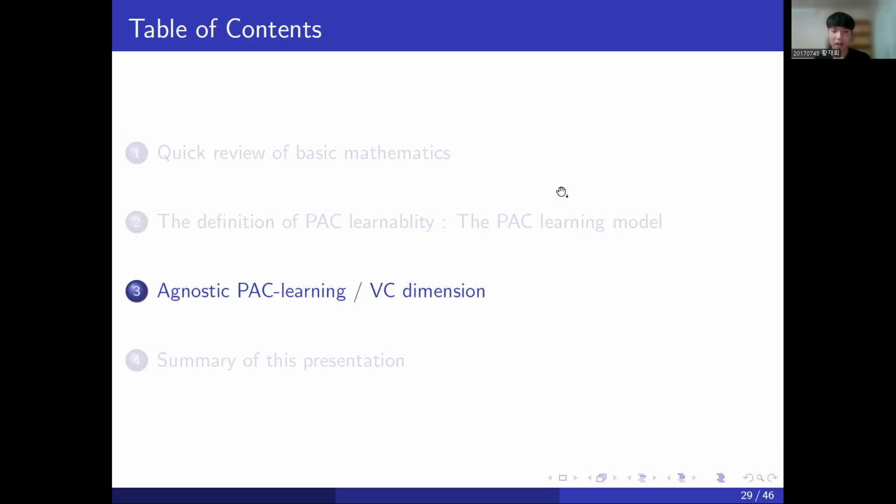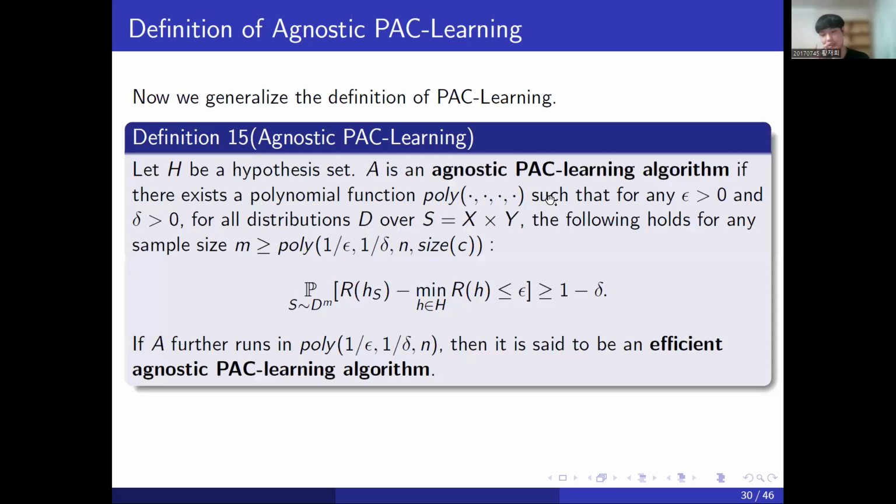Until now, I introduced the definition of PAC learning and one example of that. And now I'm going to introduce its extension. We generalize the definition of PAC learning, which is called agnostic PAC learning. Let H be a hypothesis set.